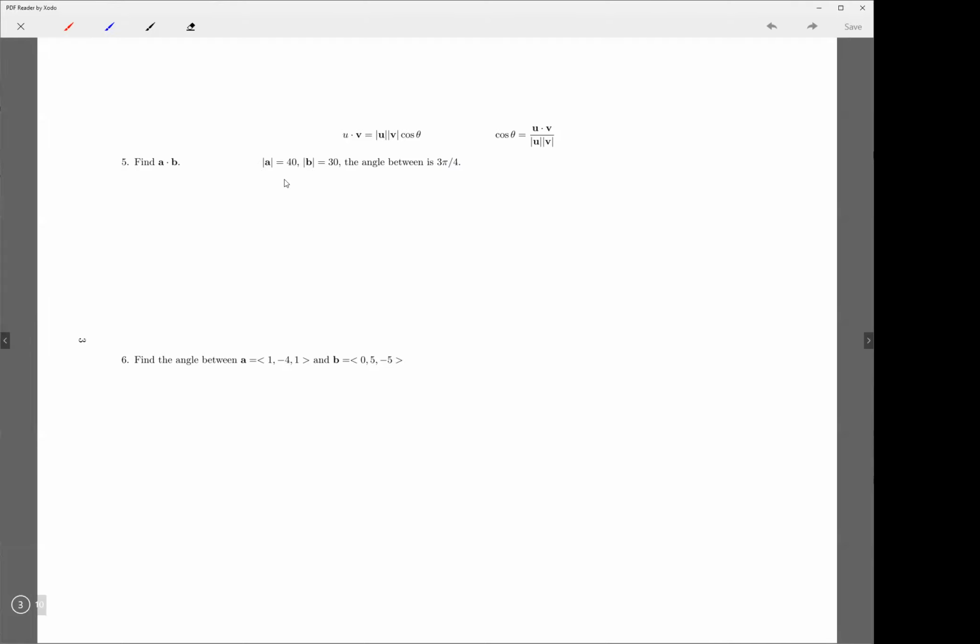So if we know, for example, the magnitudes, which are these two, and we know the angle between them, then the dot product is equal to the product of the magnitudes, which is 40 times 30 in this case, times the cosine of the angle between them, 3 pi over 4. 3 pi over 4 is this angle right here, and the cosine of 3 pi over 4 would be -1 over root 2.